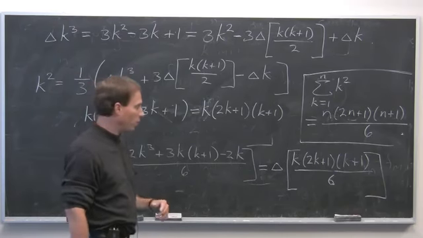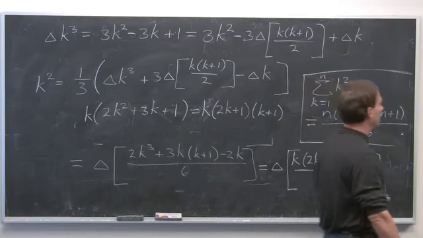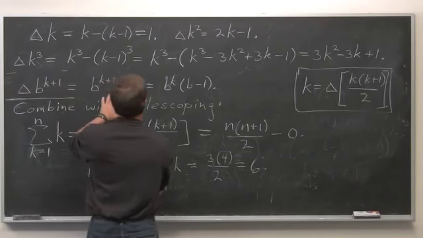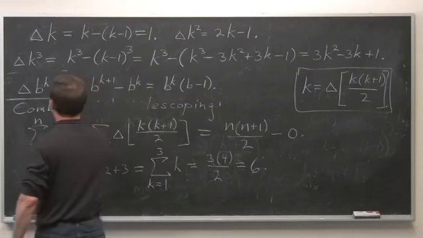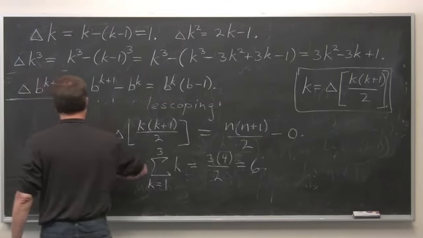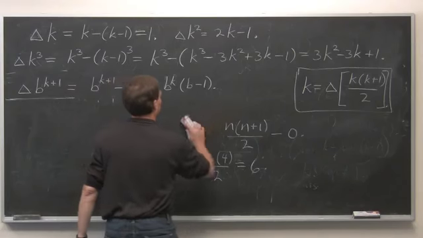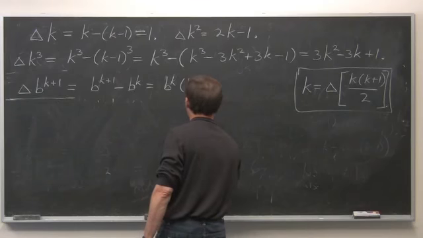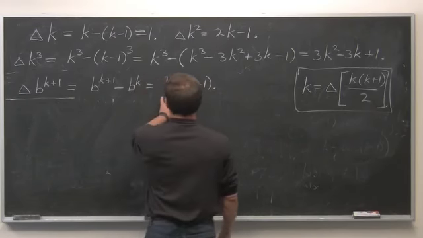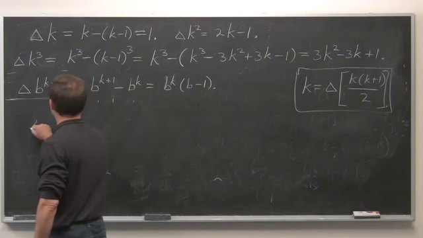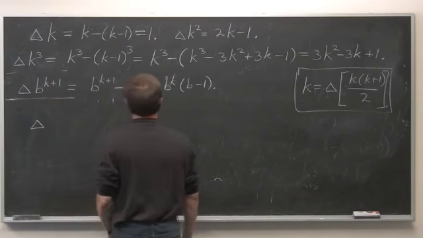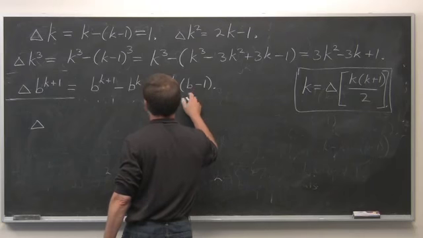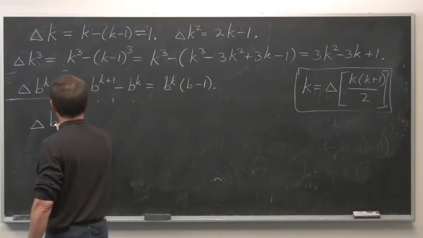And then there's one last formula that we'd like to get. It comes from this one. What's something whose delta is b to the k? Well, we can just divide both sides of this by b minus 1.